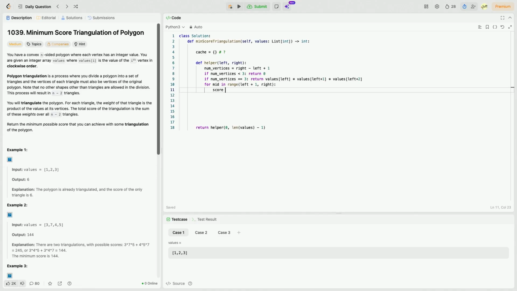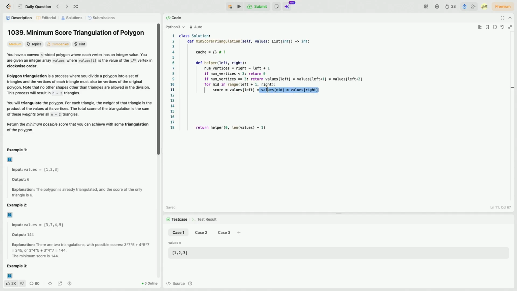Well, the first triangle that we have is values at left, because that's one of the points we start to slice from, times values mid times values right. So this is to pick the third point. Yeah, that's actually why +1 wouldn't work here. So that is what we do.